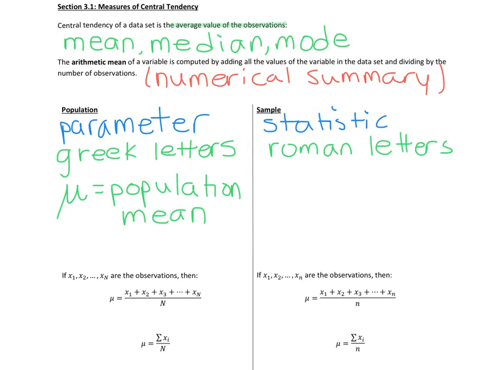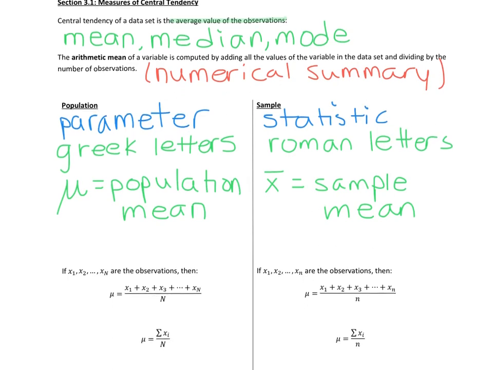All right, and then over yonder, for a sample mean, we use a lowercase x with a bar on its head. Let me write that a little bit better. A lowercase x with a bar on its head. And this always indicates the sample mean. And we say x bar.